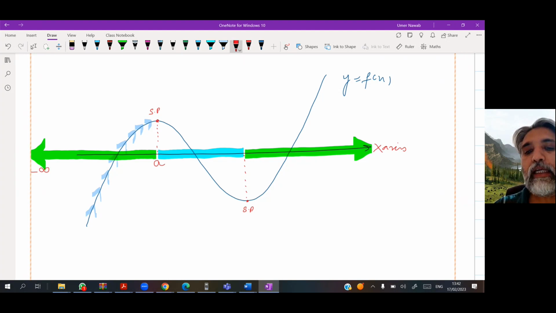So the function is increasing. Function is showing an increasing behavior when x is less than a. And then after that, you can see your function is decreasing between a and b.